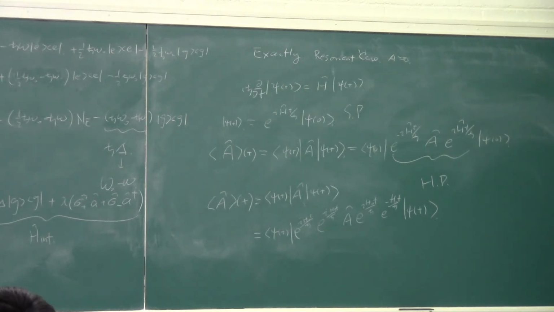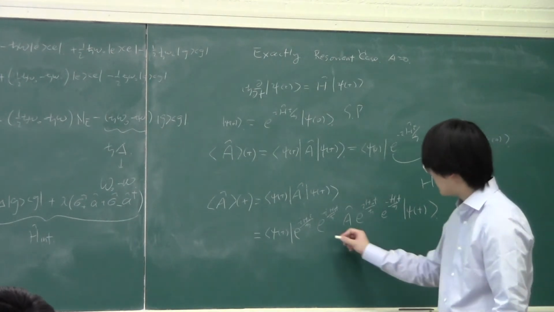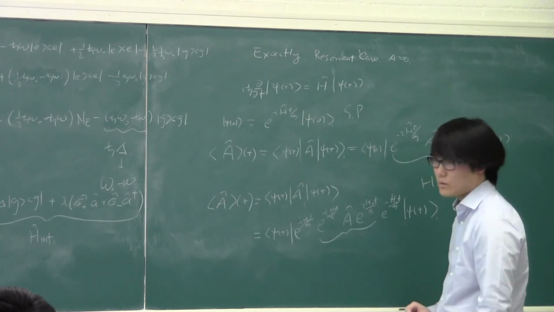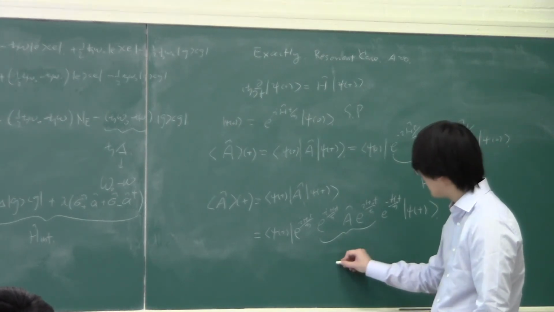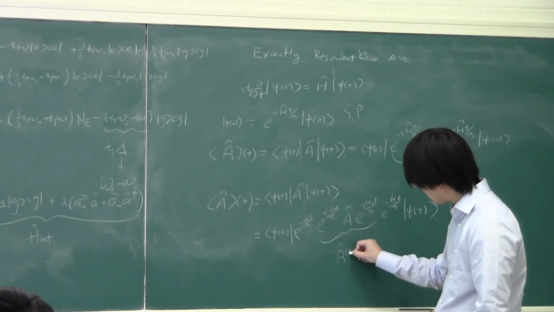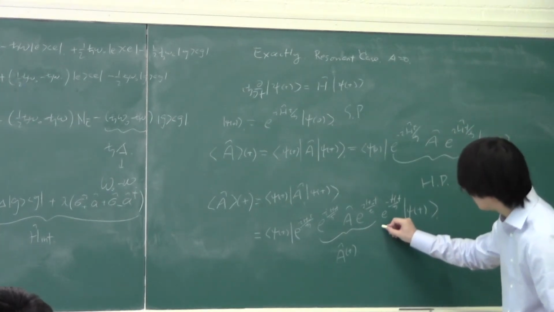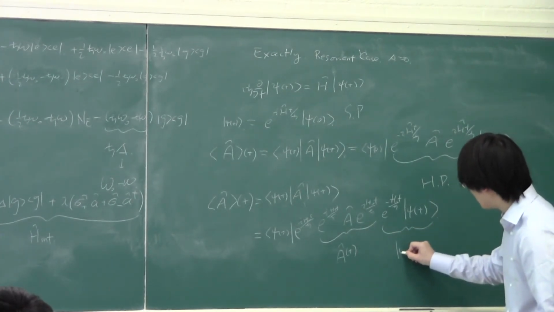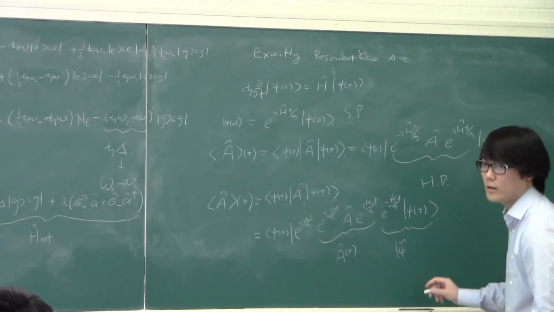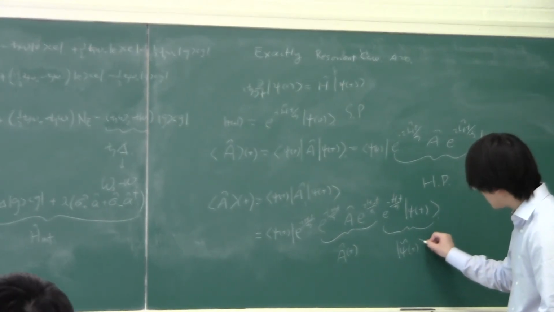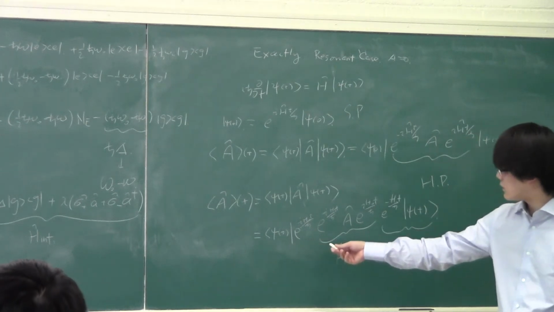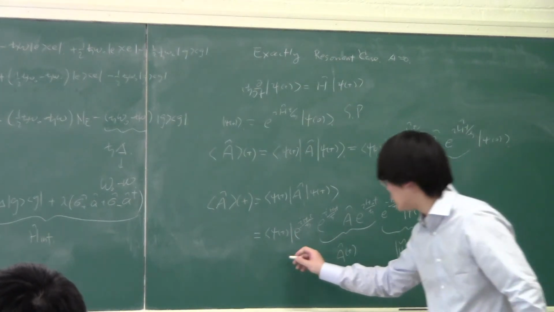Why are we doing this? So now I can define a time-dependent operator that's this, and a new state, which I will call psi tilde of t. And over here, notice that this is just the conjugate of psi tilde.